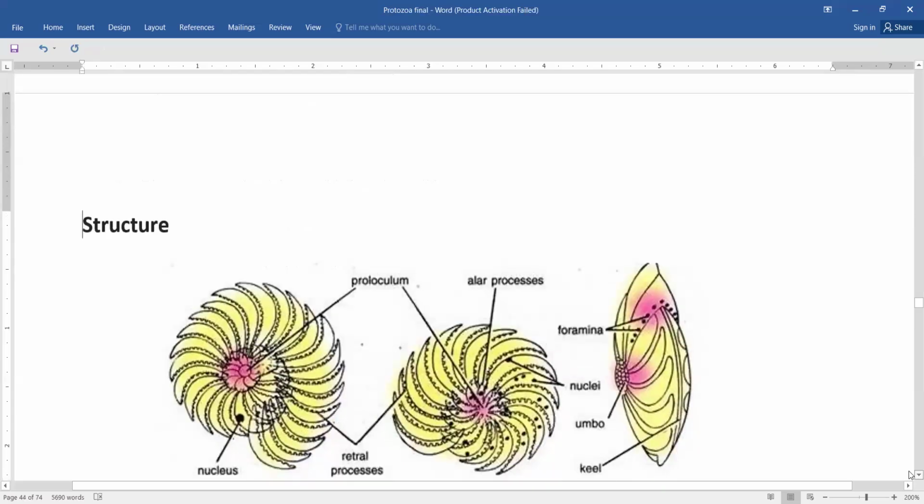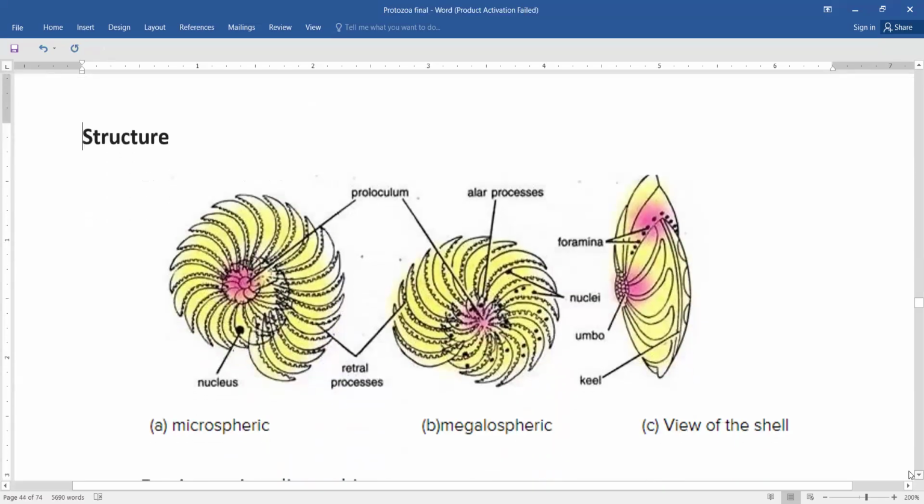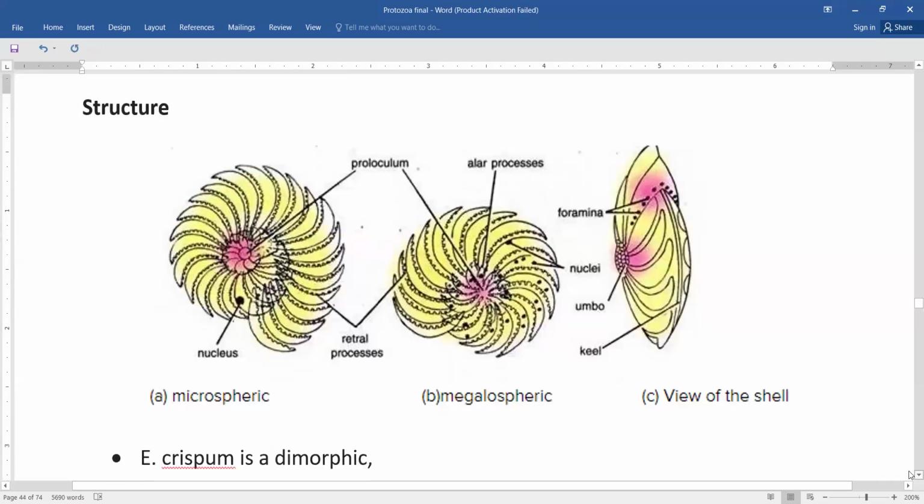Here is another diagram of Elphidium in different views. Okay, so Elphidium is a dimorphic form. Here I'm giving most of the points. It appears in two forms. One is the microspheric form, another is the megalospheric form.